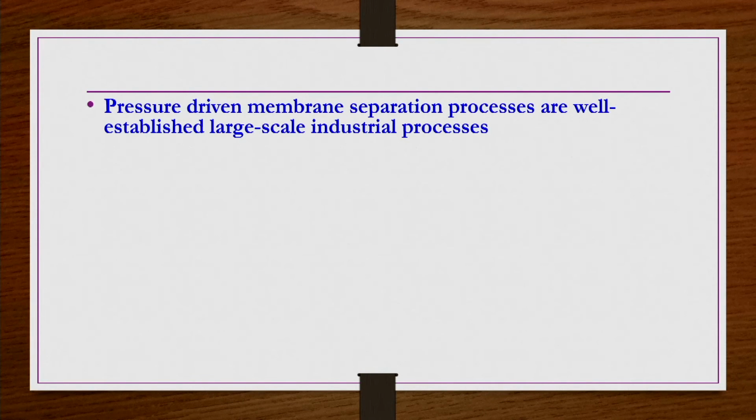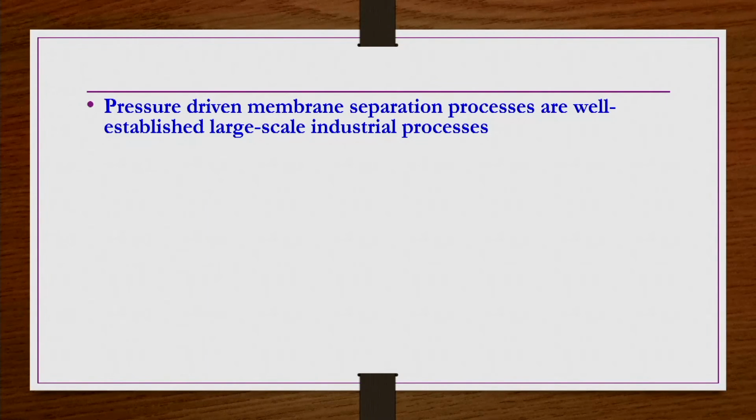They are discussed primarily here not only because of the restrictions, but also because they are well established at industrial level, especially in large scale industrial processes. That is the other reason we are concentrating on pressure driven membrane separation processes.